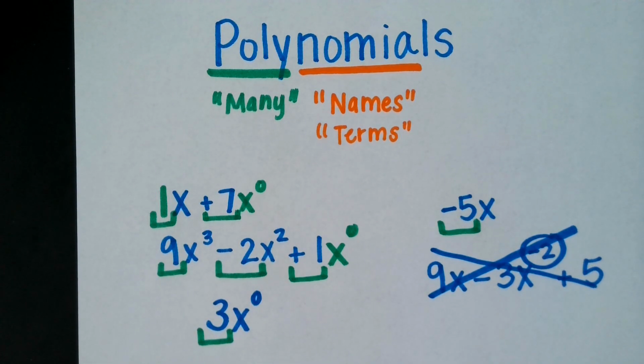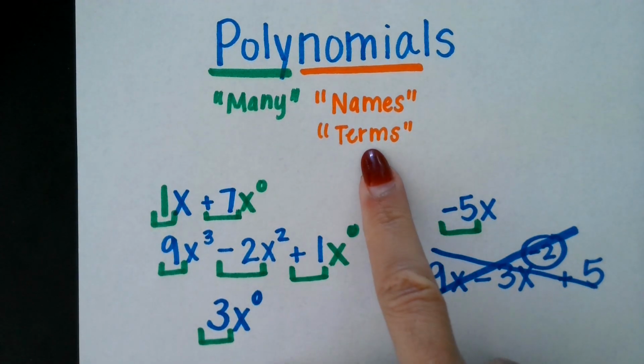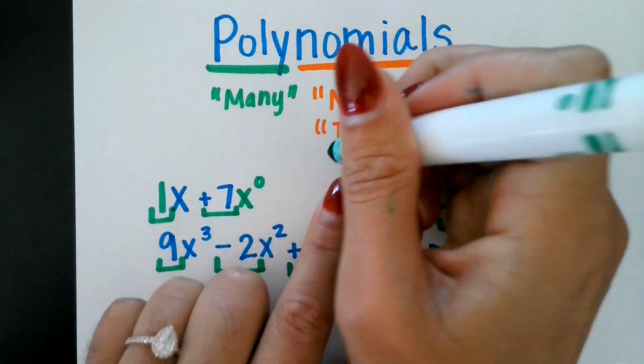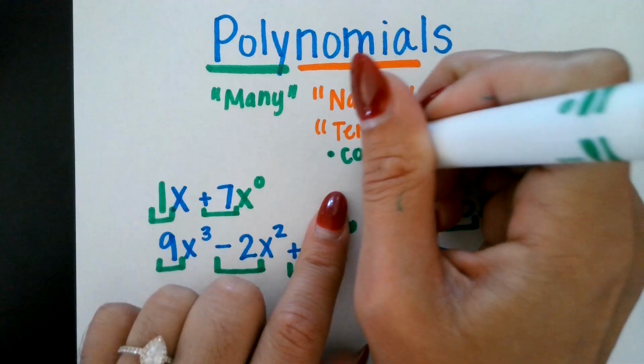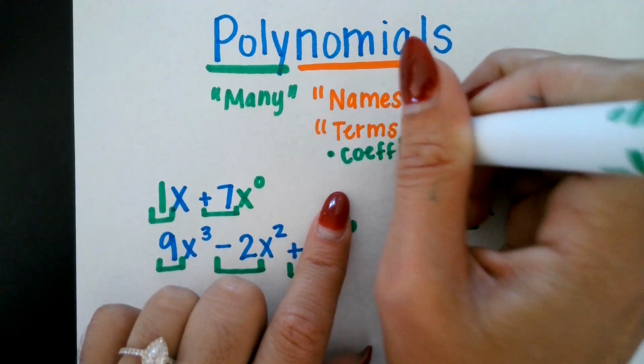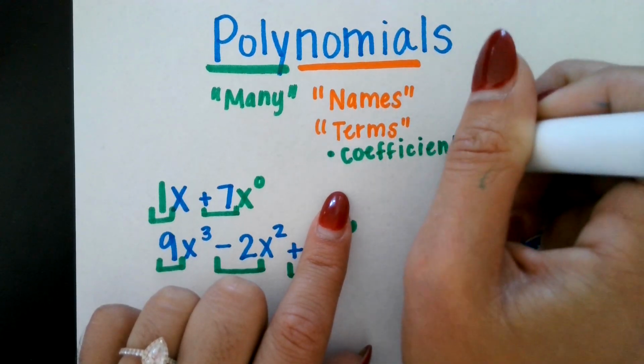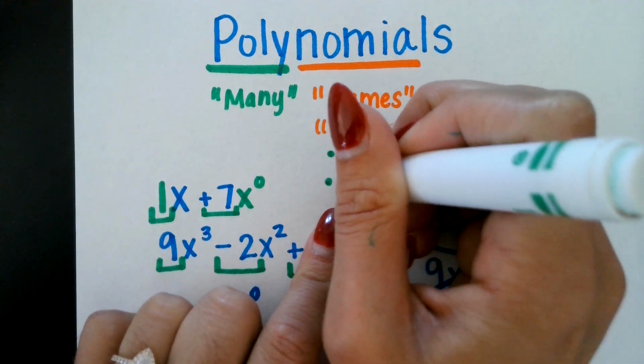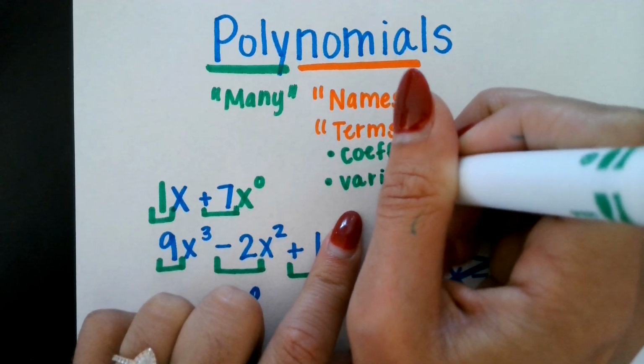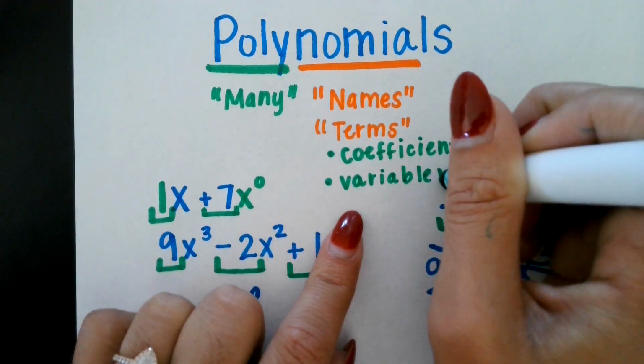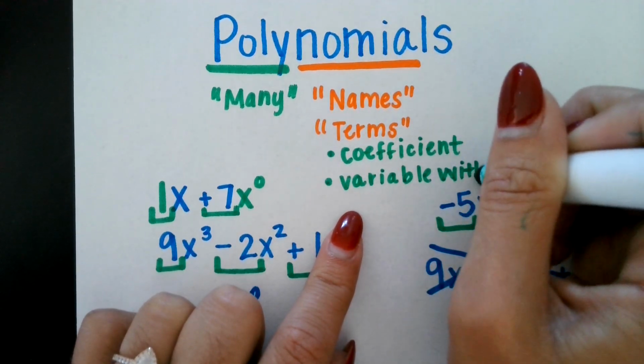That's what makes up a term. A term has to have a coefficient and a variable with an exponent.